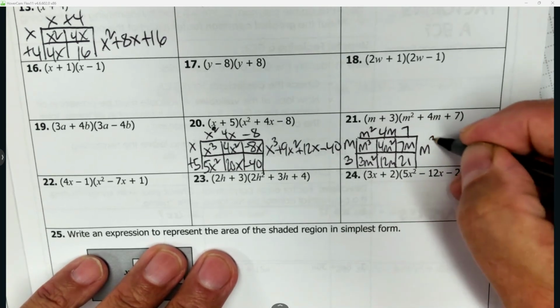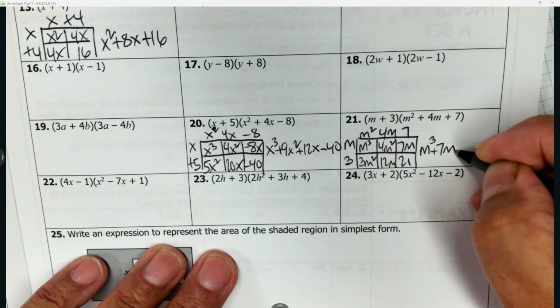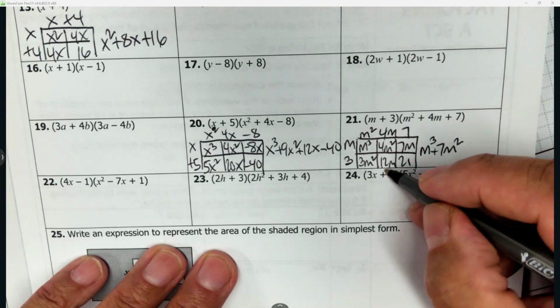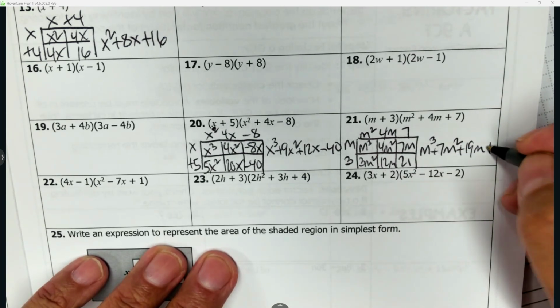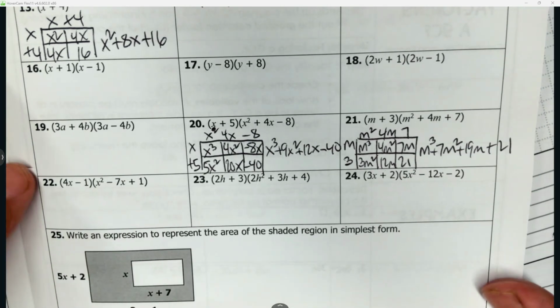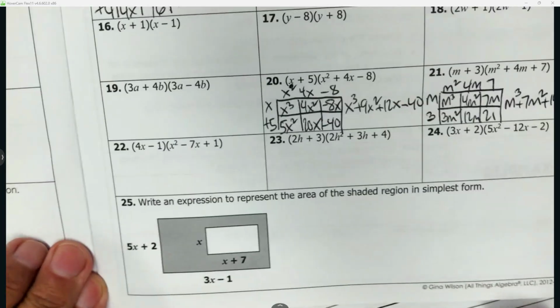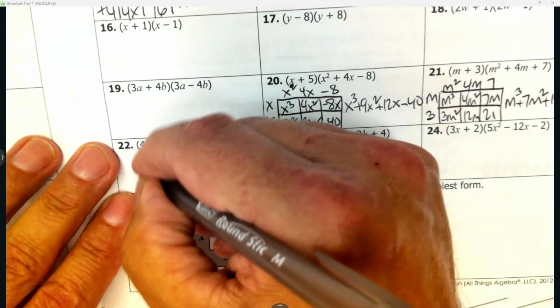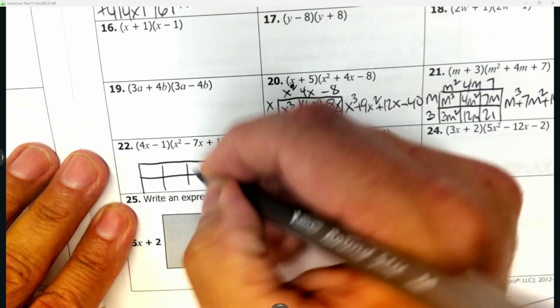So it's going to be m cubed. 3 plus 4 is 7, m squared. 12 plus 7 is 19, and then 21. All right, keep practicing here.